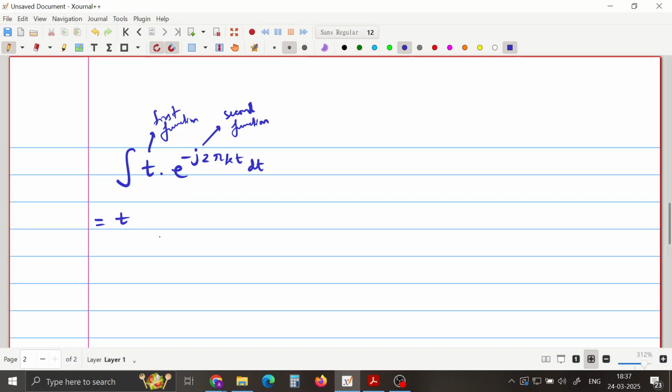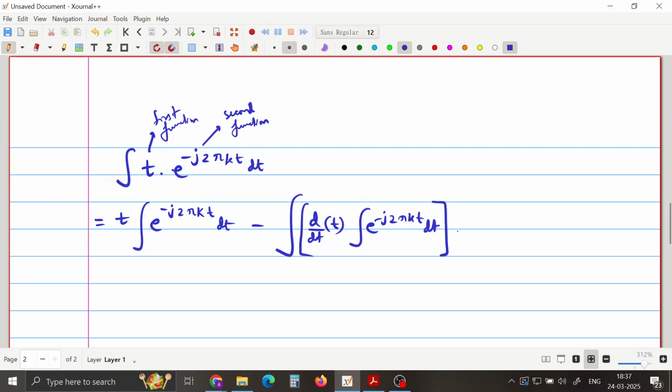So I have t coming out, and then minus integration of d/dt of t times the integral of e power minus j 2 pi kt dt, this whole thing dt.